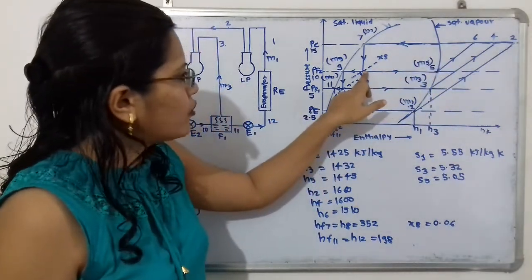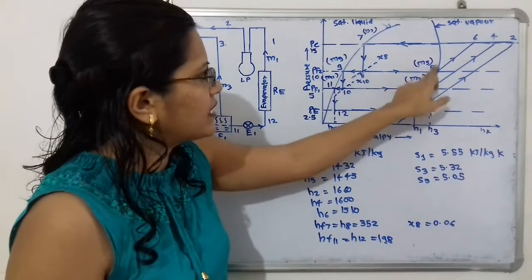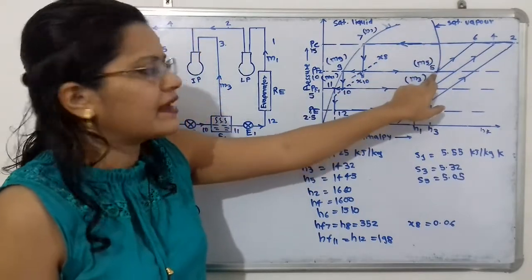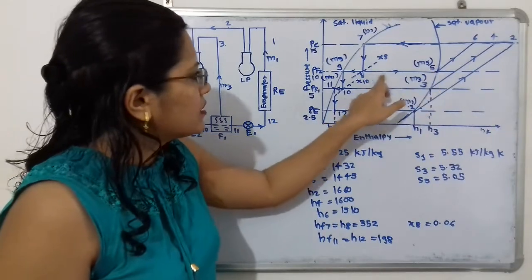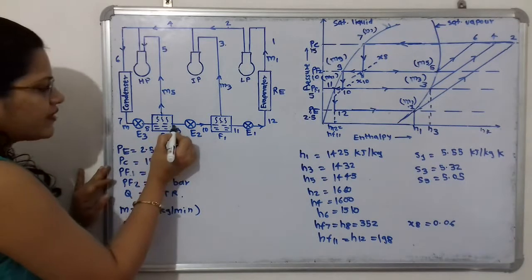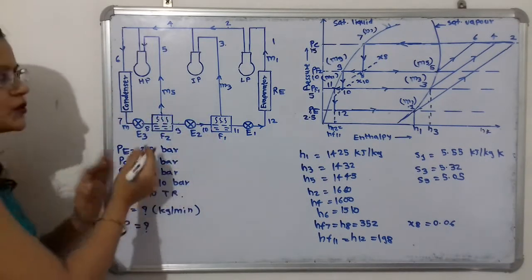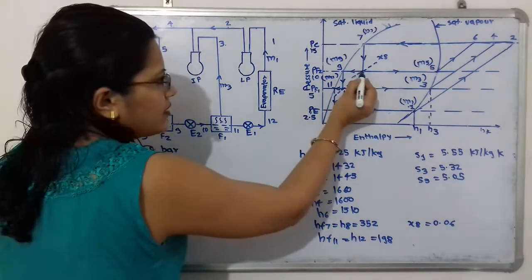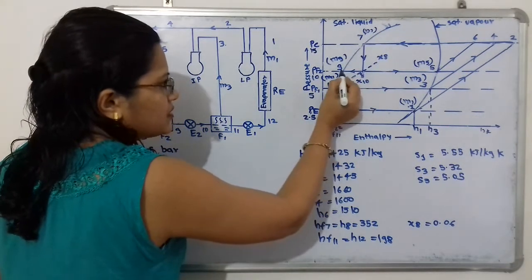So we have to show from this point 8 an arrow towards the right hand side up to the saturated vapor line, and here are the vapors. And where is the liquid refrigerant? The liquid refrigerant is leaving from this point 9 for the next process. So we have to select this point 9 on the saturated liquid line, and here is the process 8 to 9.